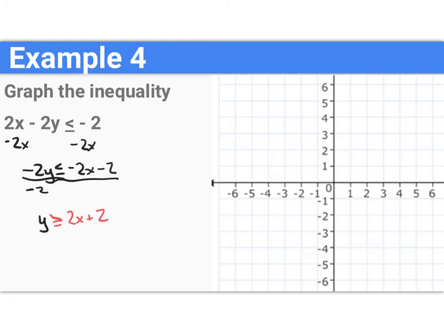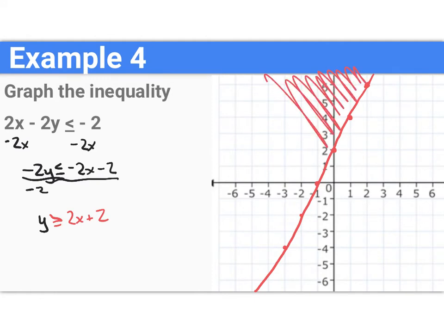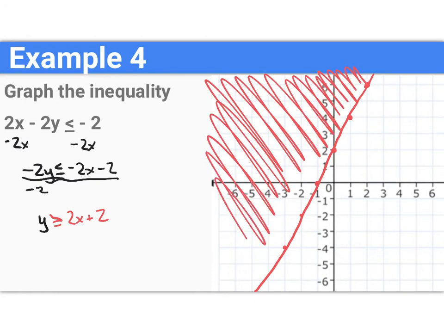So we start at 2. We go up 2 and over 1, up 2 and over 1. And when we go left, we do the opposite. This is equal to, so the line is solid, and then every point above it, because this is greater than or equal to, every point above the line works.